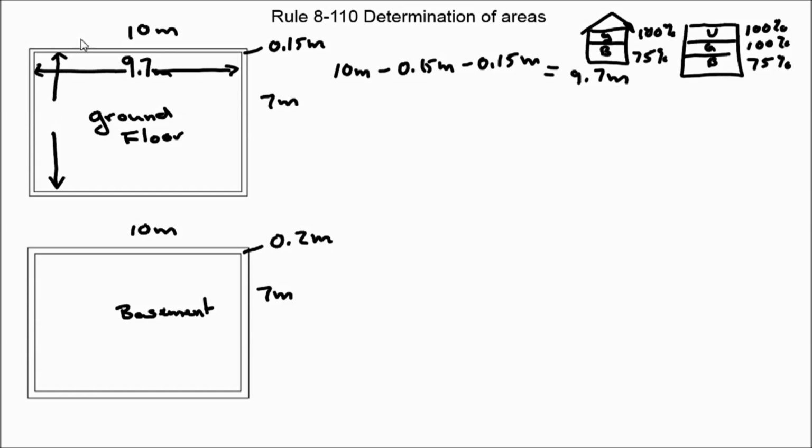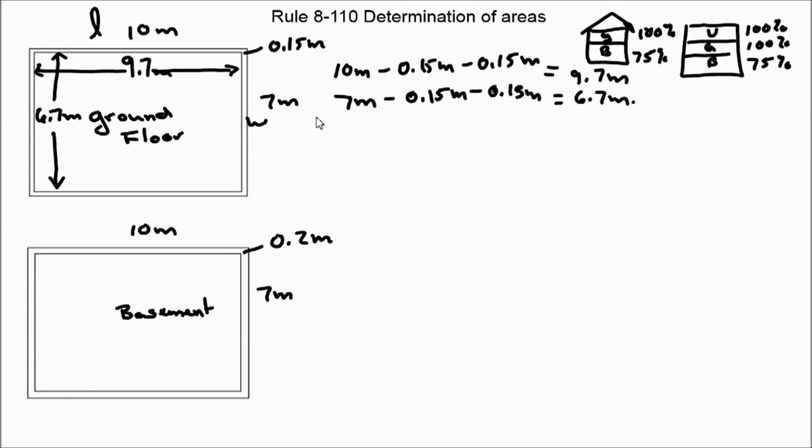Now this is the length and this is the width. Let's take a look at the width. Well, 7 meters, subtract 0.15 meters, subtract 0.15 meters, and we should get 6.7 meters. So we'll write that in, 6.7 meters.